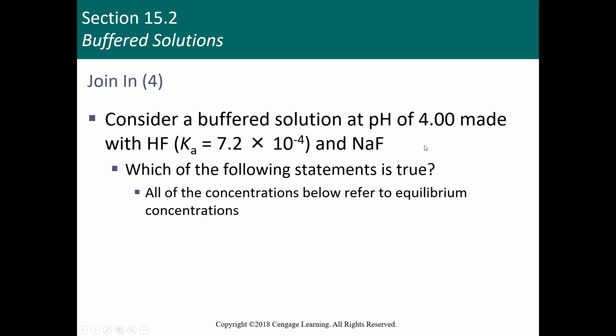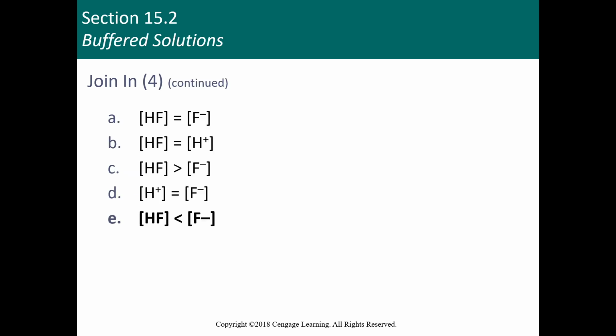So I need the concentration of my base to be larger than my concentration of my acid, so that the log will be of a number above 1, right, in my Henderson-Hasselbalch equation. And so I need the base to be a larger concentration than my acid, which is what that says right there.